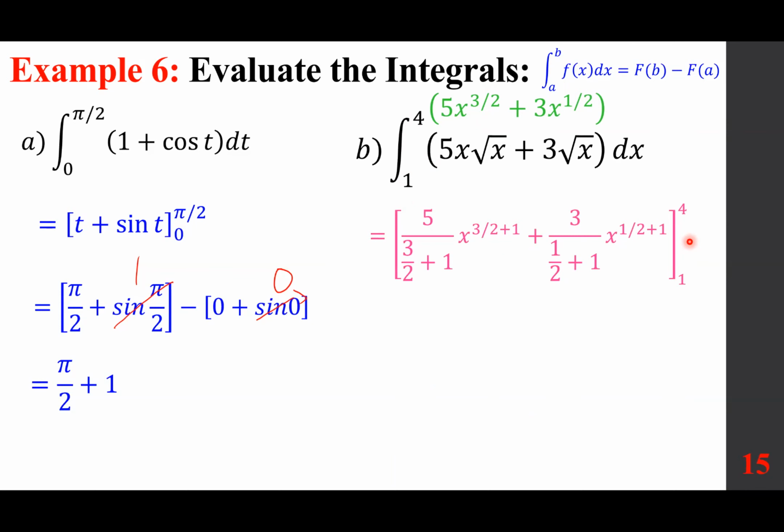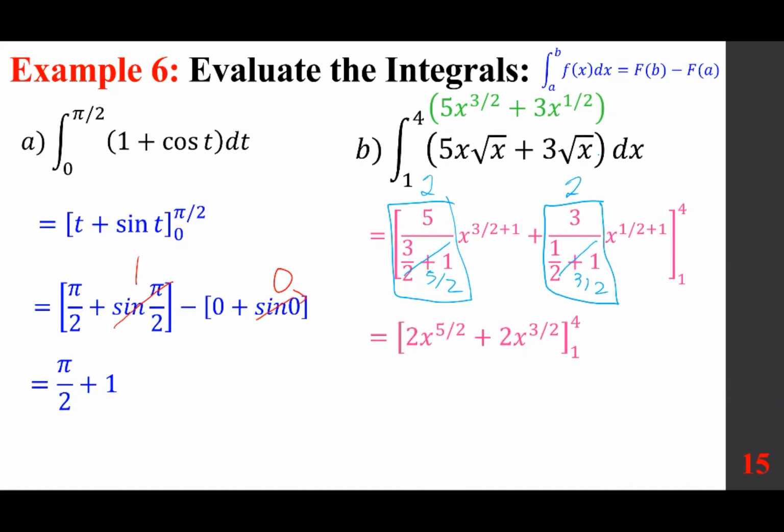So first and foremost, this is 5/2, and 5 over 5 halves is 2. This one is 3 halves, and 3 over 3 halves is also 2.